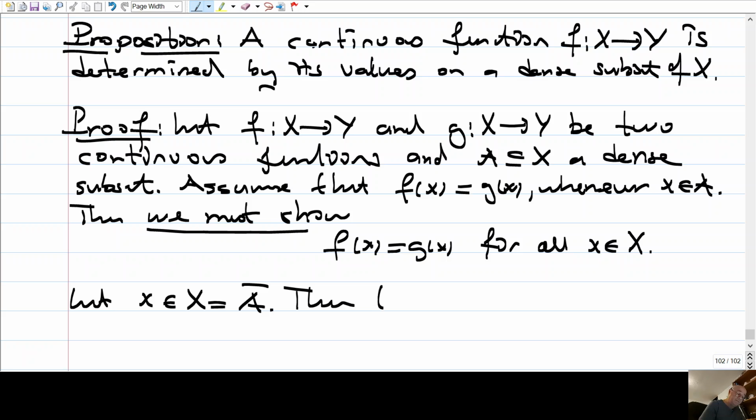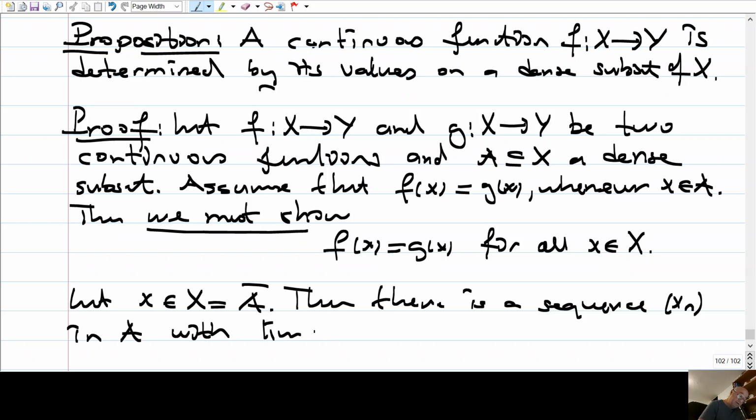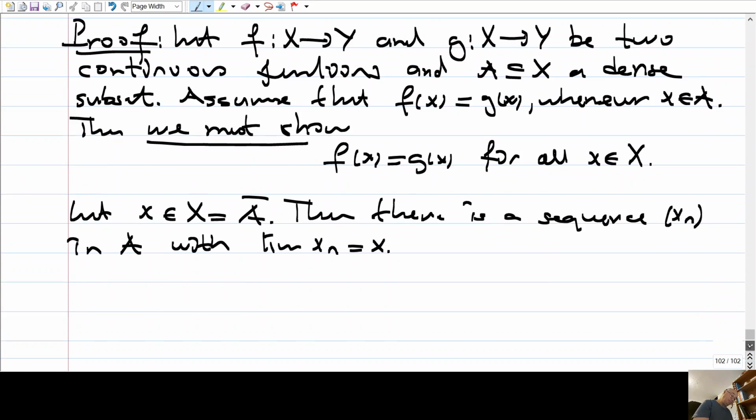Then there is a sequence xn in the subset A with limit xn equal to x, right? A point is in the closure if and only if there is a sequence in the set A which converges to that point. All right.